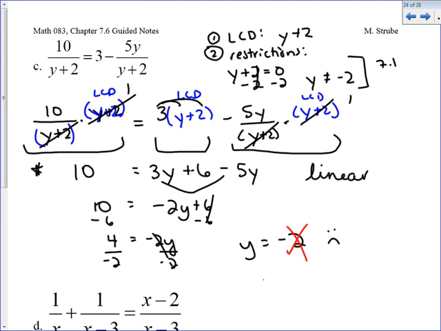So the answer I'm going to box, the answer I'm going to write on my answer line, is no solution. It doesn't check. My restriction is that y can't equal negative 2, so I can't turn around and say y equals negative 2. If you tried to check your answer of negative 2, as soon as you substitute into your first fraction, it's undefined. Doesn't work. So the whole problem, all that work, no solution.